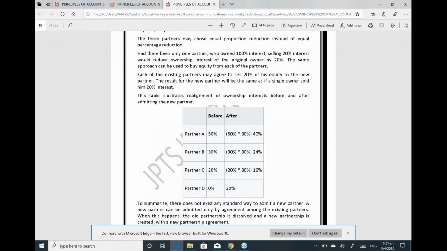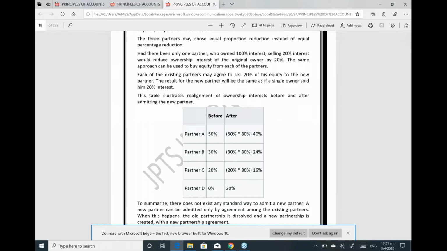The same approach can be used for each of the partners. Each of the existing partners may agree to sell 20% of his equity to the new partner. The result for the new partner will be the same as if a single owner sold his own interest.